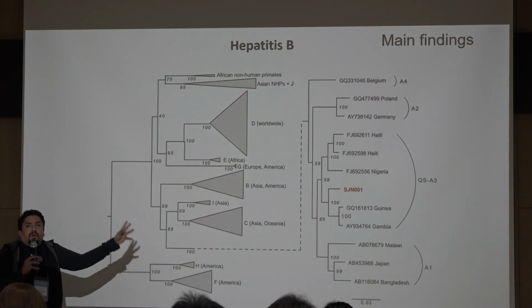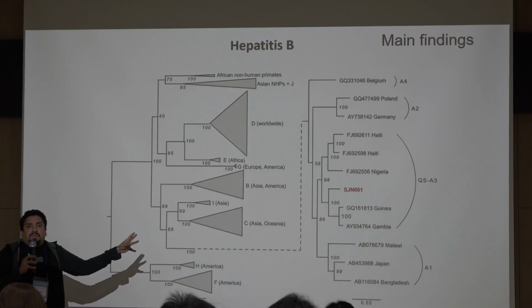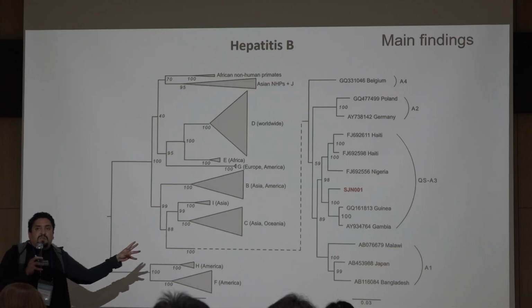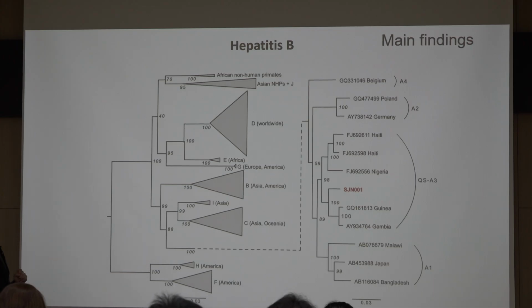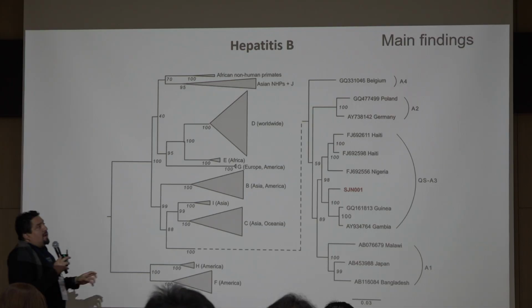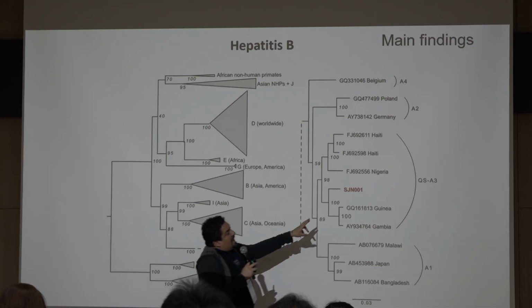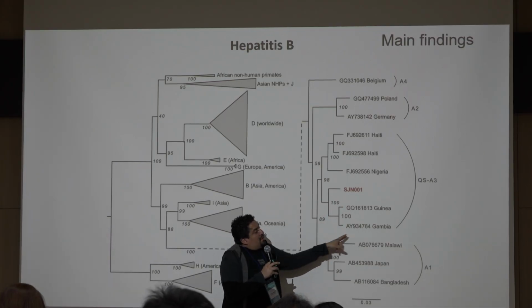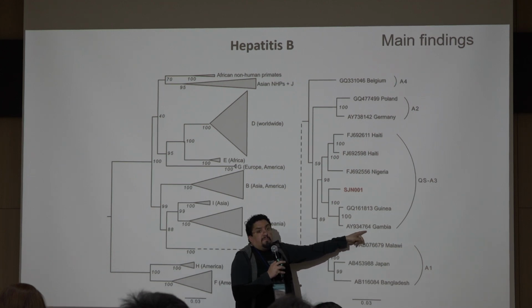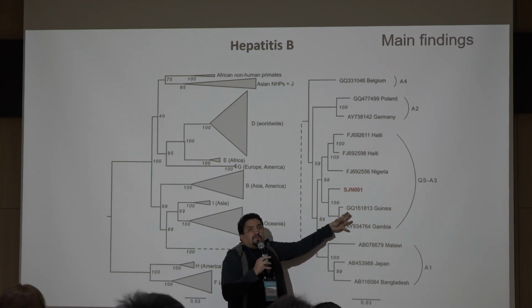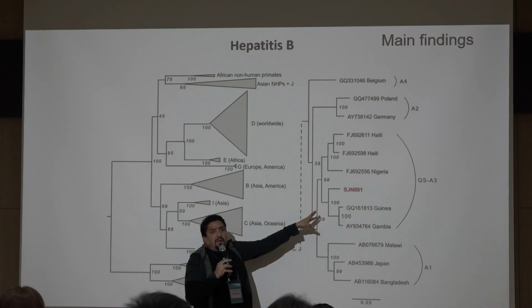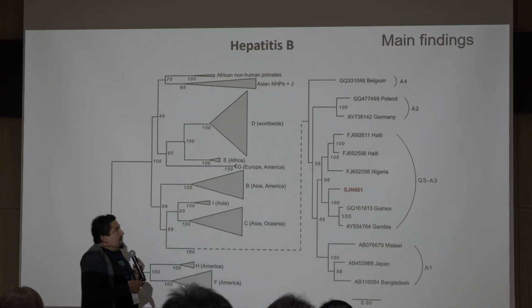We also found that they were affected by chronic infectious diseases. One of them was affected by hepatitis B, and the clade in which the hepatitis B was found was also that of other hepatitis B strains that are common in Africa, again consistent with the whole story.